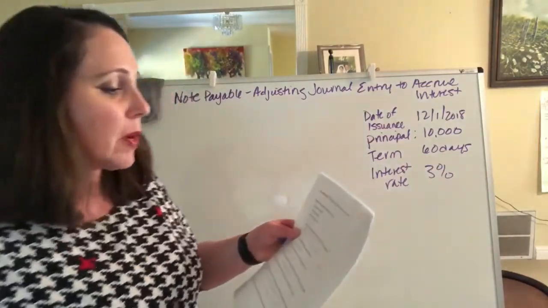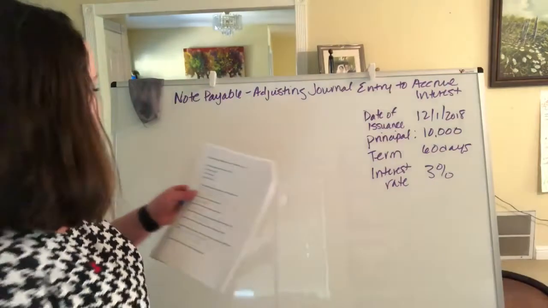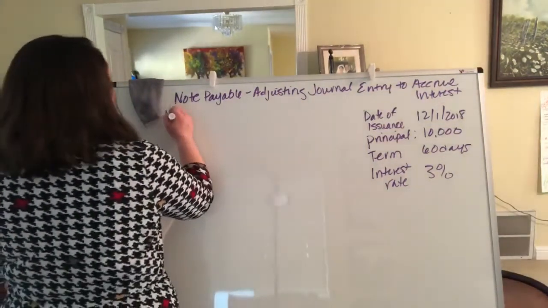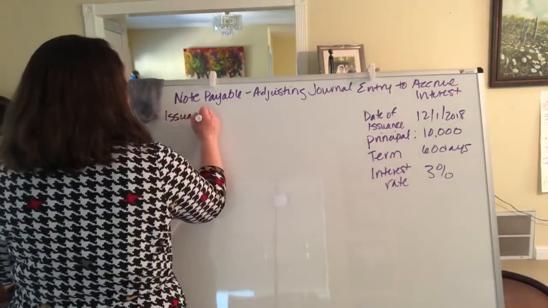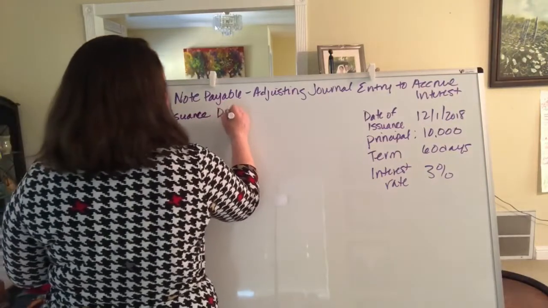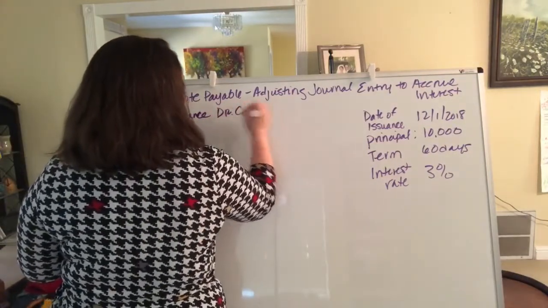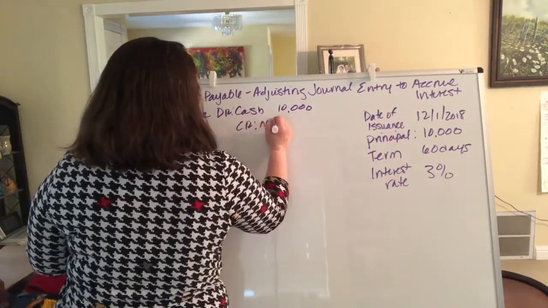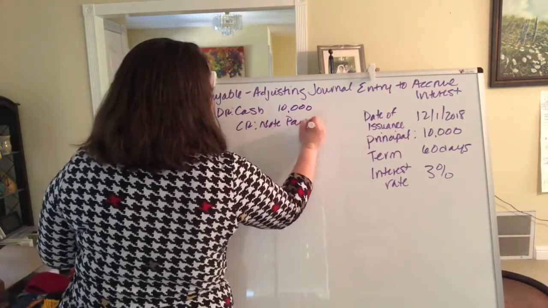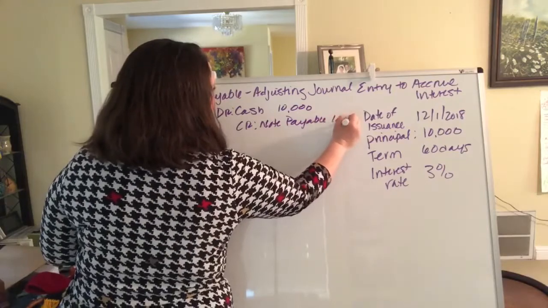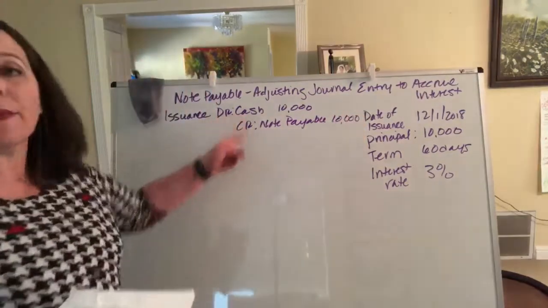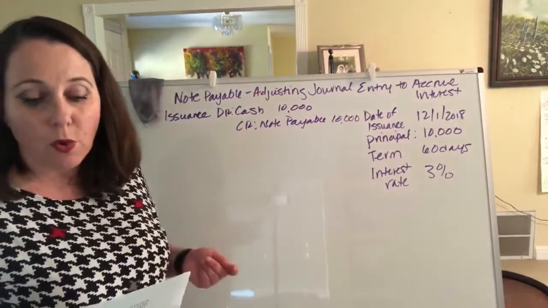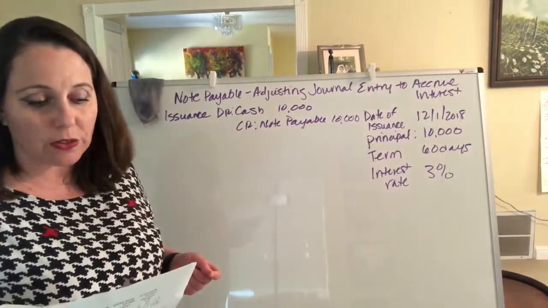So first we're going to prepare the journal entry to record the note. We're going to debit cash, credit note payable for the principal amount, which is $10,000.